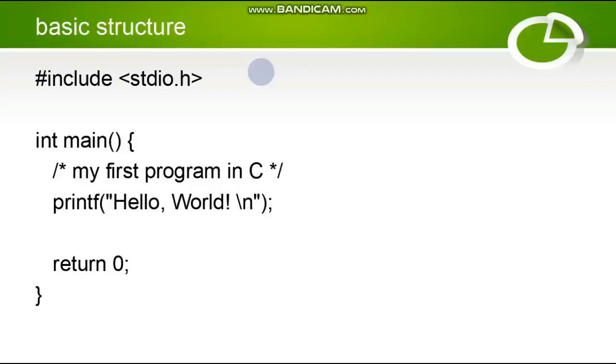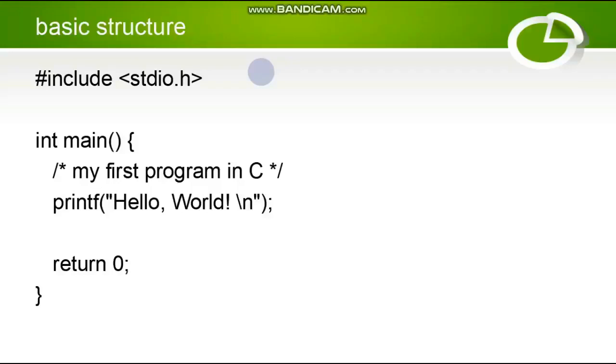This library is there to reduce the amount of space or structure we need to tell the compiler to do some simple task. So this stdio.h library is there to help us.